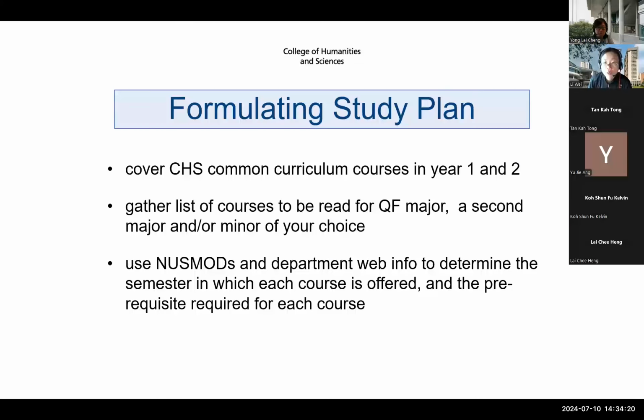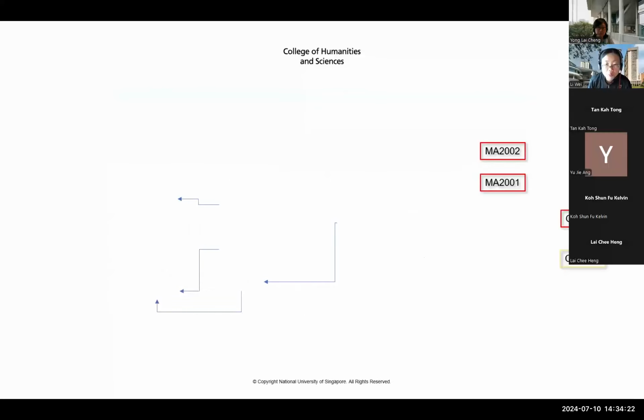And here, the next diagram shows you there are some courses you need to read first and then read other courses. So MA 2002, the calculus, MA 2001, linear algebra 1, QF 1100, the gateway course, and CS 1010, which is outside of the requirement, but we still need it.